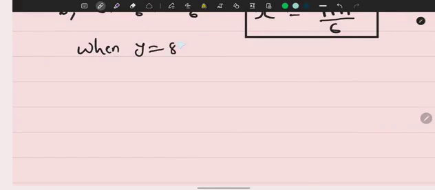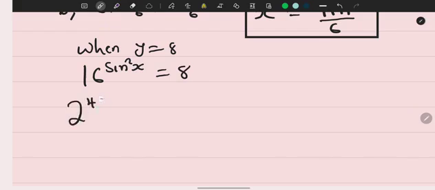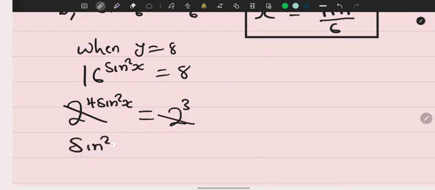when y equals 8, we have 16 to the power of sine squared x equals 8. This can be written as 2 raised to the power of 4 sine squared x equals 2 to the power of 3. And from here, you're going to have sine squared x equals 3 over 4.